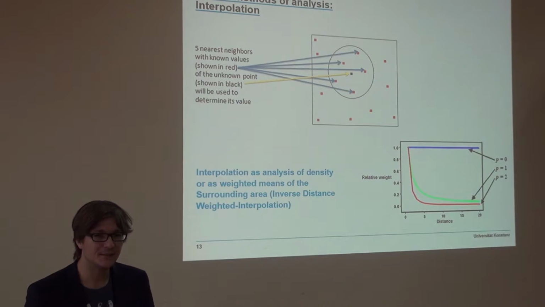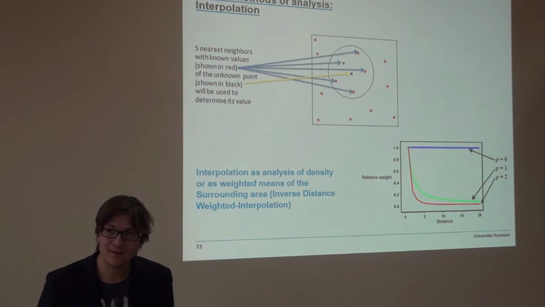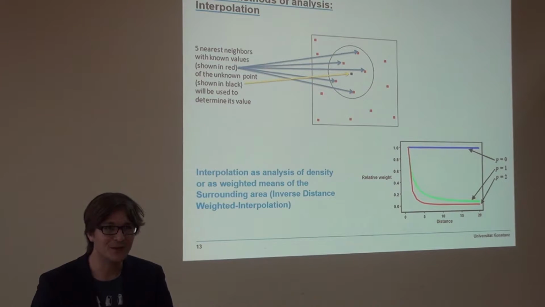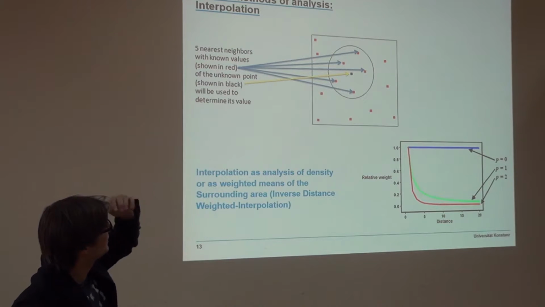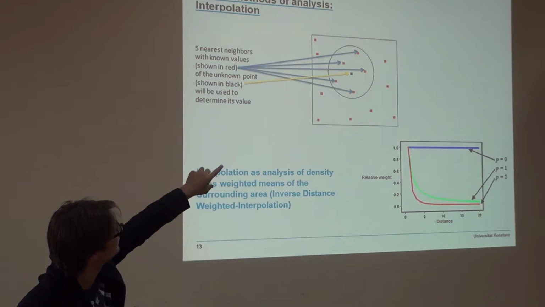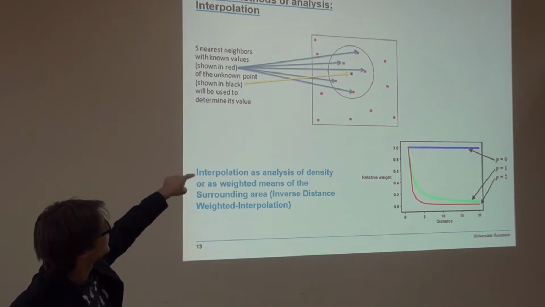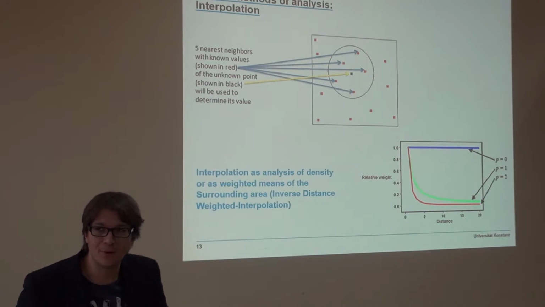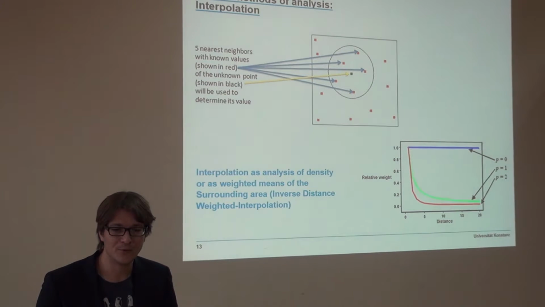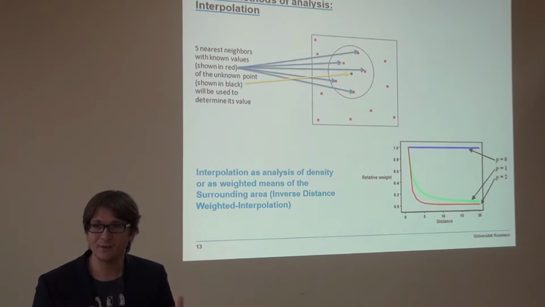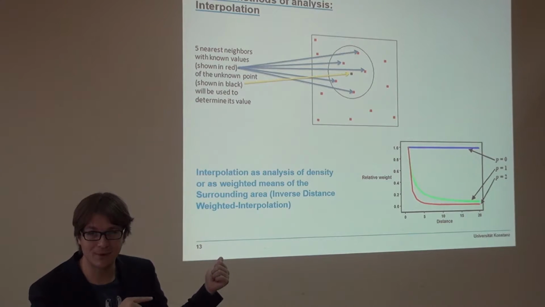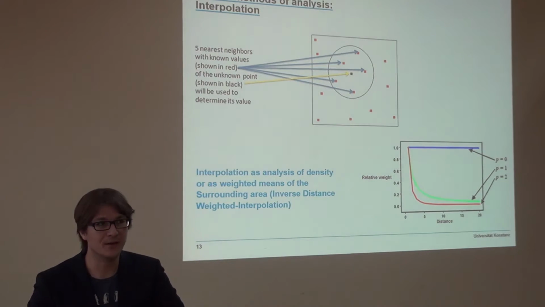The idea is that you calculate a surface, and for each pixel or point of this surface you average spatially the values of the neighbors. So when we want to calculate the black point in the upper picture, we use the information of the neighbors, the red points in the circle, to get the mean value, and then we can assign this to the black point, and that smooths the whole picture.